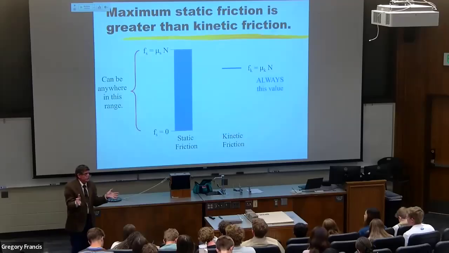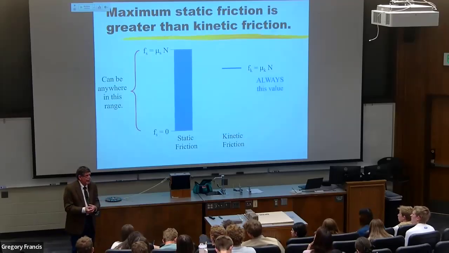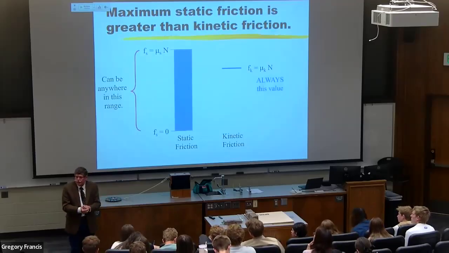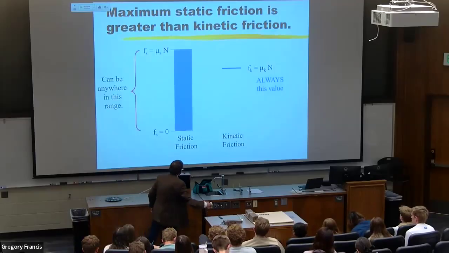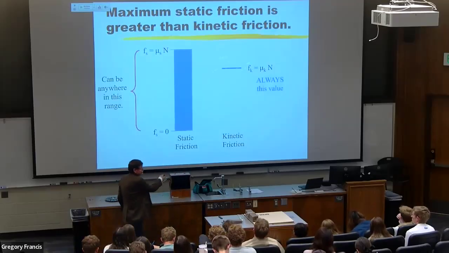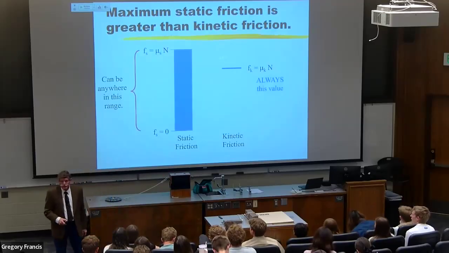If it's winter and you get yourself stuck in a little bit of a ditch with ice, and you want to get out of that situation, you don't want to put your car into first gear and floor it, because then your wheels are going to be spinning and you're going to be stuck with this kind of friction. And that's usually not the kind of friction that's going to get you out of the ditch. Okay?